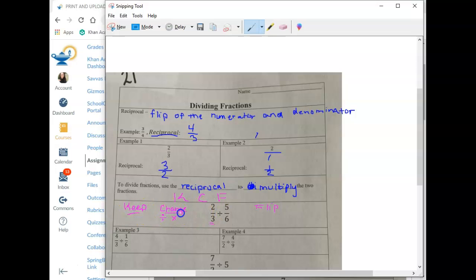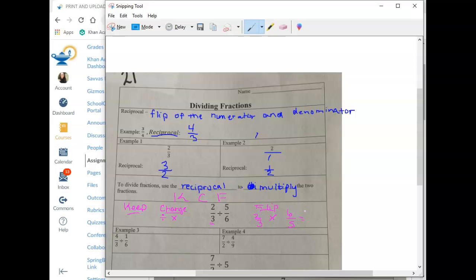Keep, change, flip. Okay, so how does this work? Well, I see 2 over 3 divided by 5 over 6. I'm going to keep 2 over 3 the same. I'm going to change division to multiplication. And then I'm going to flip 5 over 6 to 6 over 5.